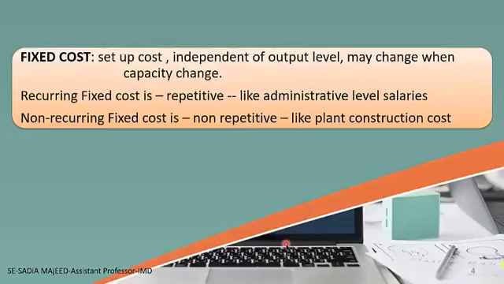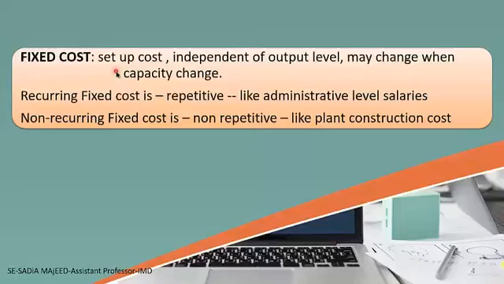Now first we have to define the fixed cost. Fixed cost is basically a setup cost. Setup cost is always an initial cost. Whenever you are going to start a business, you are going to develop a factory, you are going to develop a facility to provide services, you have to set up that facility, that factory, or that manufacturing unit.